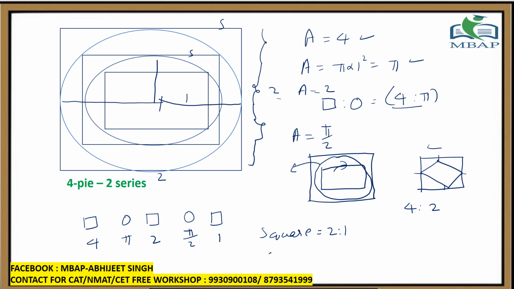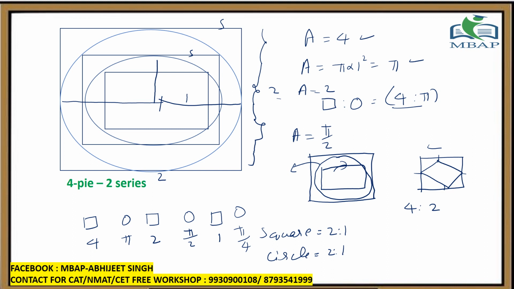Same is the case with circles again. If the circle is pi, the next is pi by 2. What happened to the next circle? The next circle will be nothing but pi by 4. Why is it so? Because it's always a GP with a ratio, again, of 2:1. So all the possible squares within a square will have a ratio of 2:1.